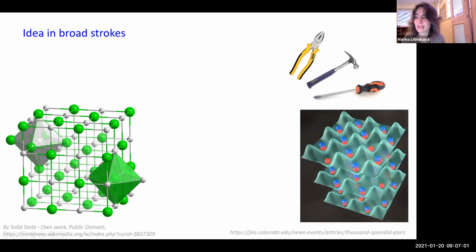What people do in AMO, in atomic and molecular optics, is produce these crystals in air. They have two controllable counter-propagating lasers for a one-dimensional crystal, four for a two-dimensional crystal, or six for a three-dimensional crystal, and they basically build these crystals in air.